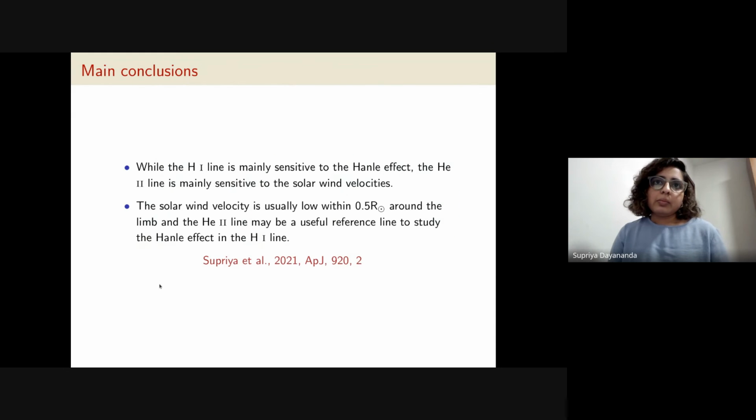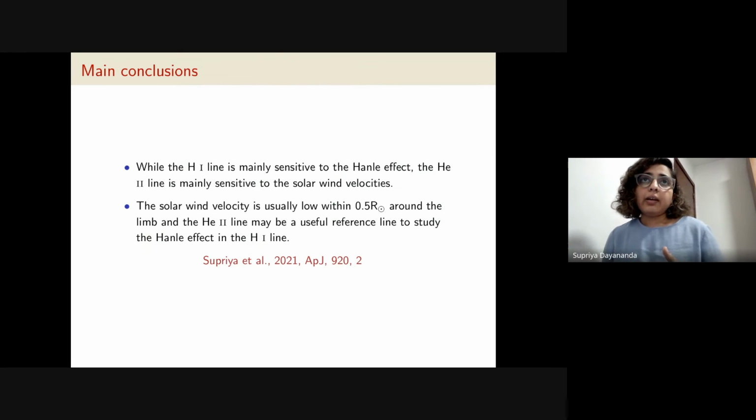So to conclude this part of the studies, the idea was to explore whether we can use the helium-2 Lyman alpha line as a reference line to study the Hanle effect in the hydrogen Lyman alpha line. And what we saw from our studies was, yes, you can use it as a reference line, given there are no strong velocity fields in that region.